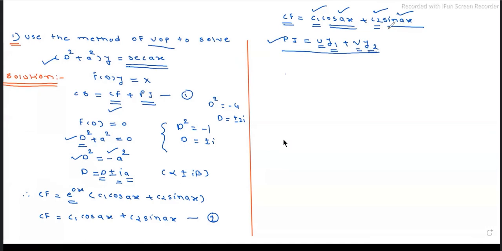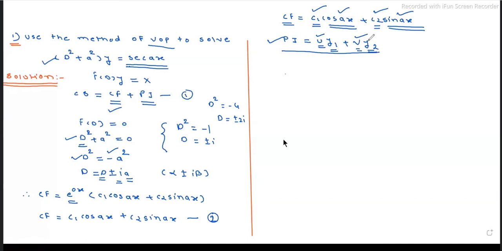C2. And what is Y2? Sin AX. So Y1 is already known to us. PI is U into Y1 plus V into Y2. Already known to us, cos AX. Y2 is already known to us, which is sin AX. Which terms are unknown here? U and V.